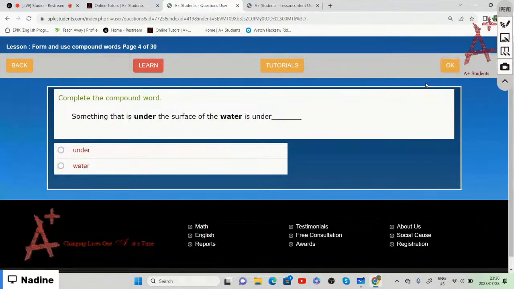Something that is under the surface of the water is under. Is it under or is it underwater, which is under plus water. So under plus water is just two small words that are now going to recreate a compound word, right? So if we say under plus water, under is given, so we're just going to say water.